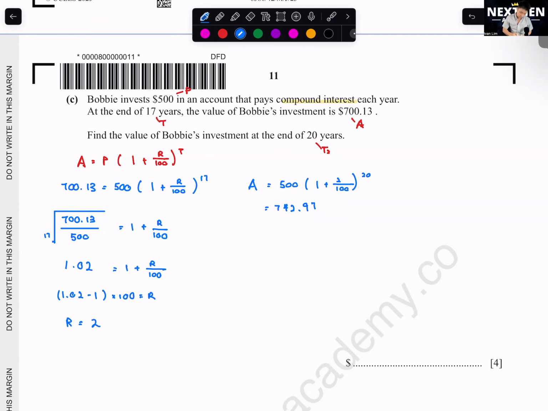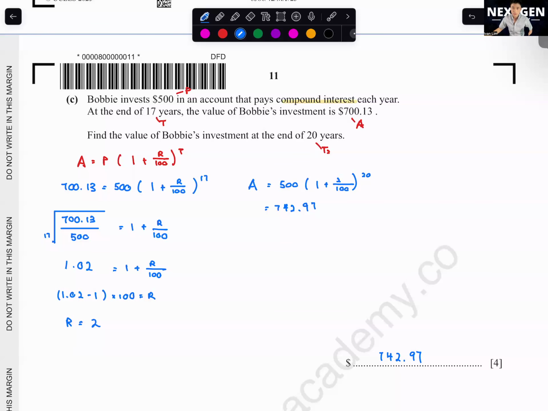Anyone get a different value? I think it should be this, right? Because the mark scheme gives you a range from 742.97 to 742.99. Since just now there were quite a number of 17s, if you can do this, can you type the 17th root?